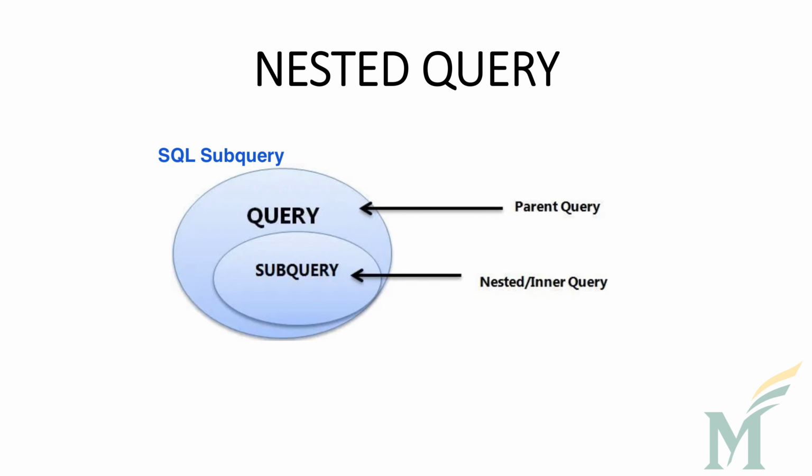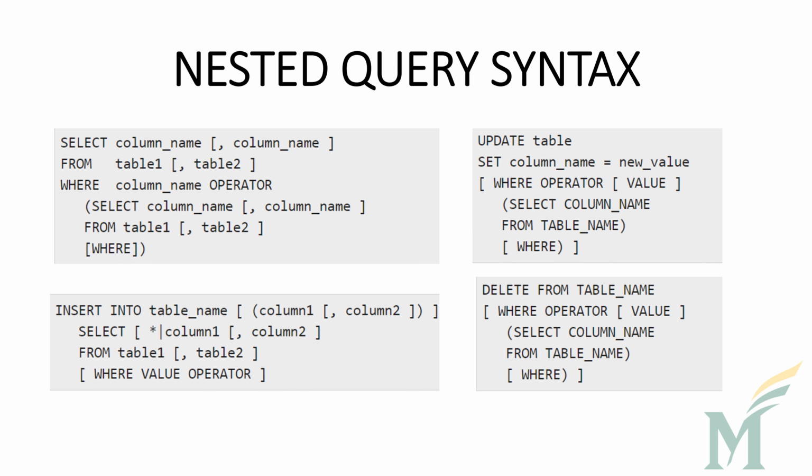The phrase nested queries may sound familiar to you since I mentioned it briefly in an earlier slide. A nested query is a query within another SQL query and embedded within the where clause. A nested query is used to return data that will be used in the main query as a condition to further restrict the data to be retrieved.